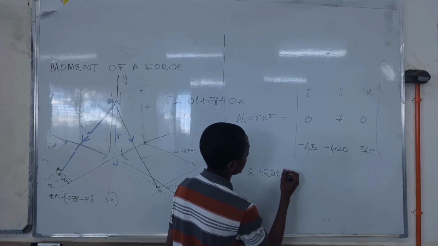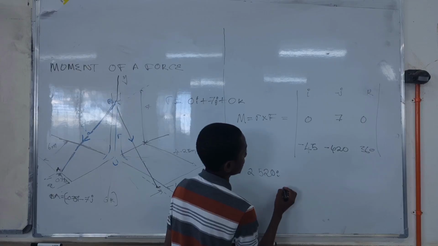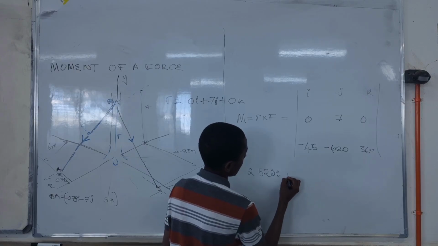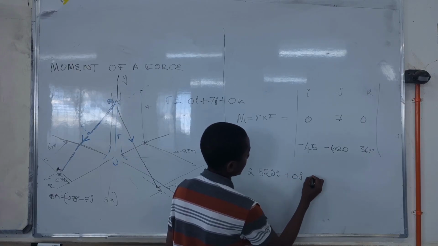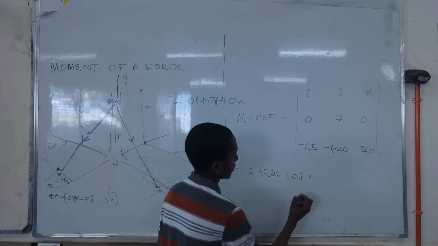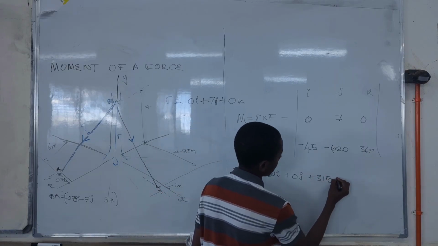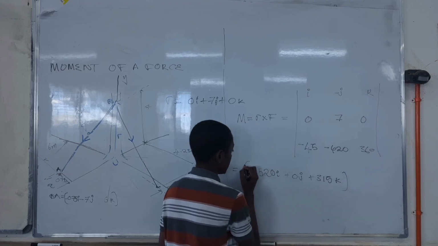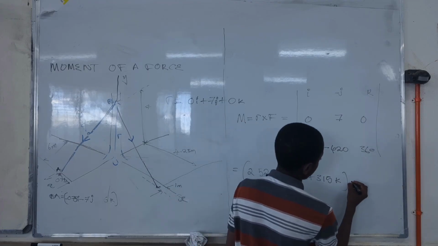Then for j it is 0, plus 0 j. And for k, 315 k.